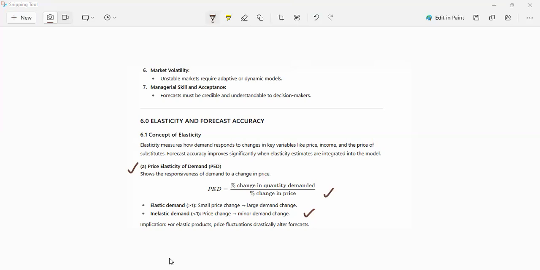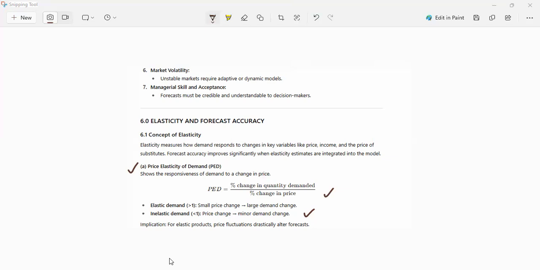What other elasticity do we know? We talked about the three types of elasticity of demand.